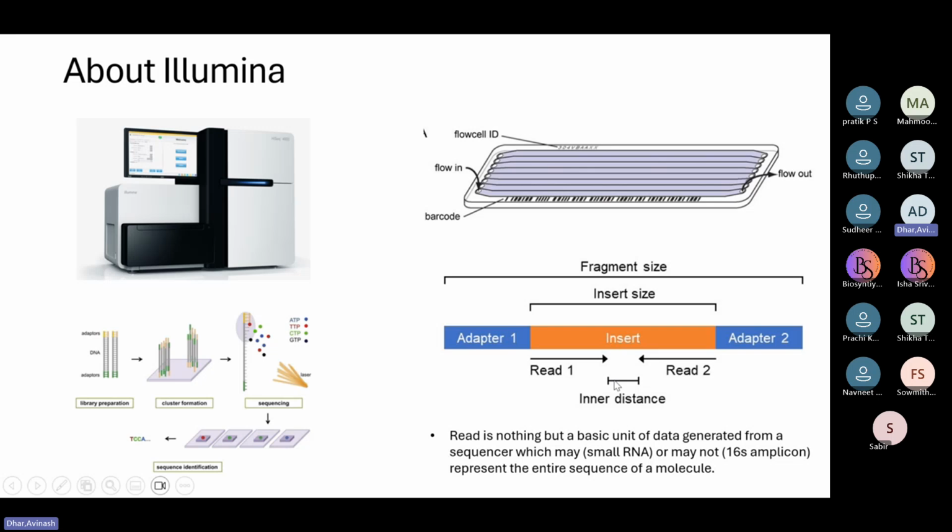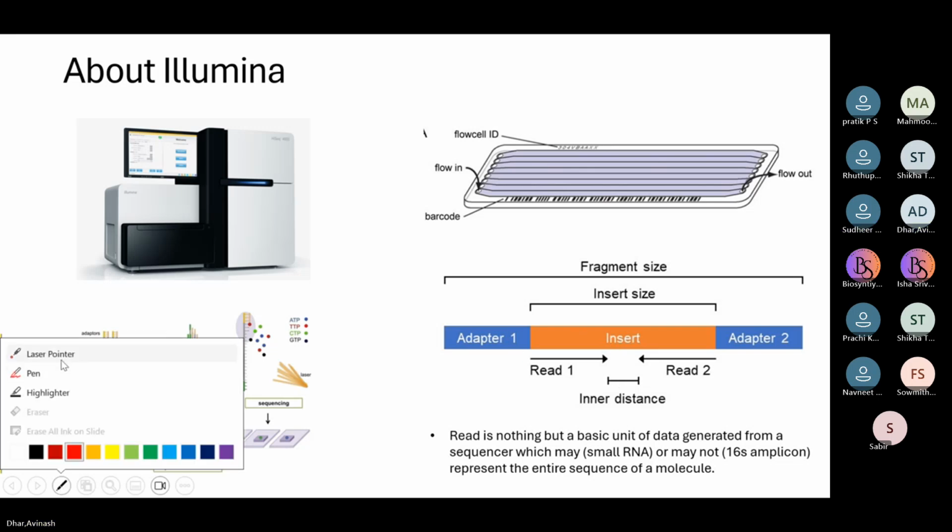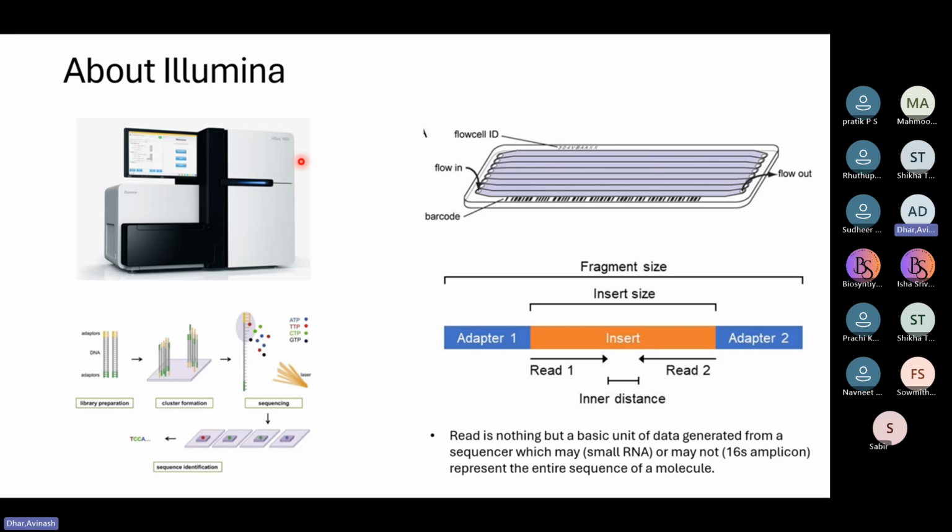If you see over here, this is an Illumina sequencer, and these are the various steps involved in the whole process of Illumina sequencing. This picture represents a flow cell, which is the device on which the entire sequencing takes place inside the sequencer.